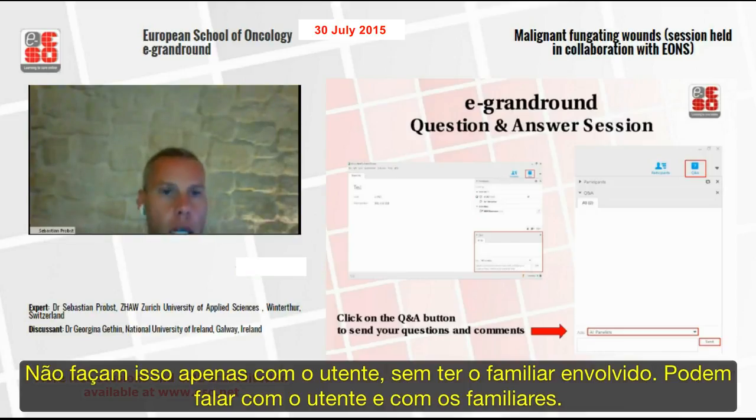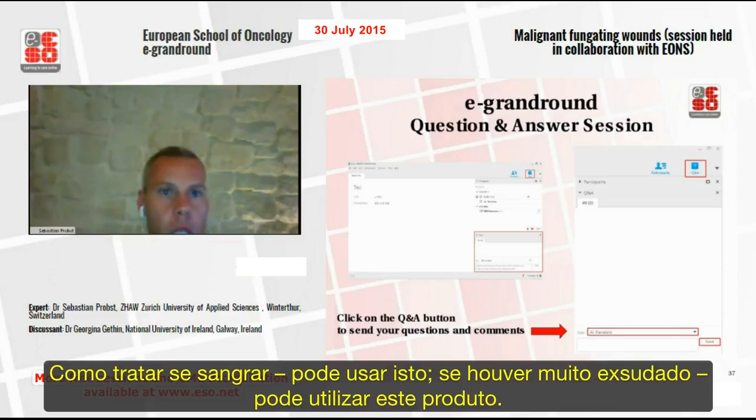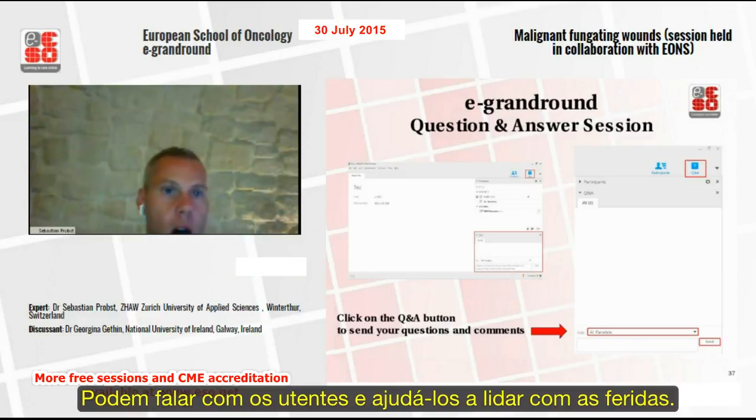Like that, you can talk to the patient and to the relatives. One of the results of my research is to give them a little recipe book. How can you manage this? If it bleeds, you can take this. If there is a lot of exudate, you can use this product. Where you can access these products, and give a number. If they have any questions, they can call you or call your service. Like that, you can talk to the patients and help them to cope with these wounds.